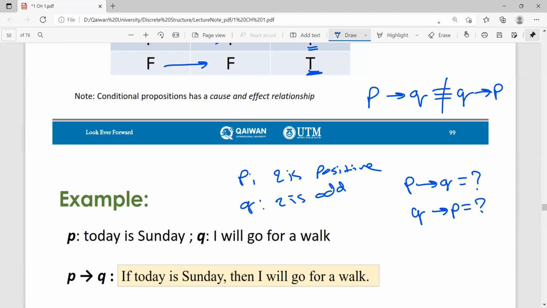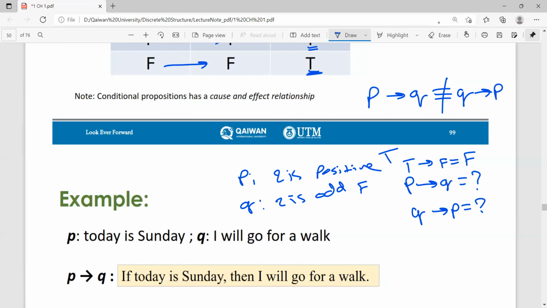Okay. Look, first we should know each of the statements either true or false. The first one is true and the second is false. That means P is true and Q is false. So for the first one, we say true, then false. And the result is false.